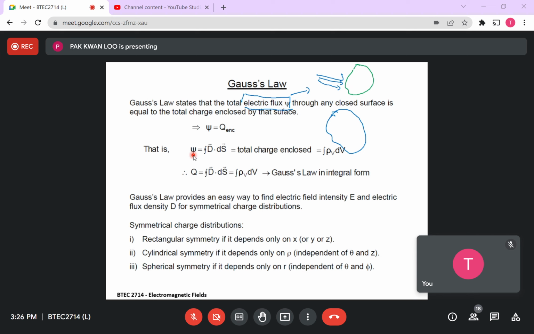Imagine a balloon in space, and the electric flux, a vector field, coming out from the balloon.